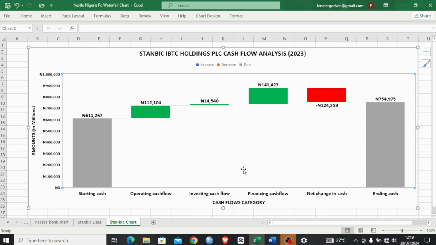How does a company manage its cash flow? How efficient are they in the management and in the generation of their cash flow over time? And the time here we are looking at is just 1 year.